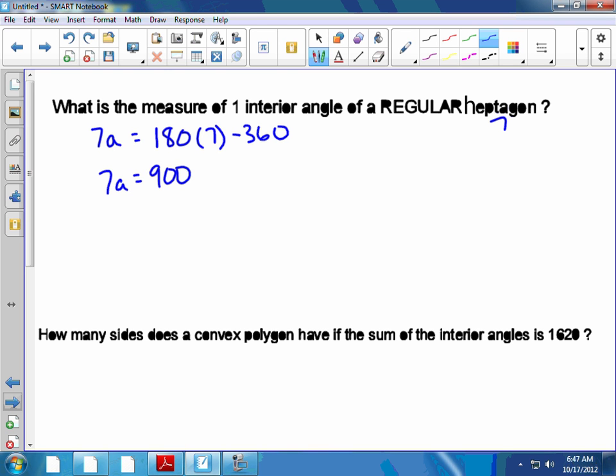And then we divide both sides by 7. Here we're going to get an estimate, about 128.6 degrees. It is possible to have decimals as angles, so don't worry about that.